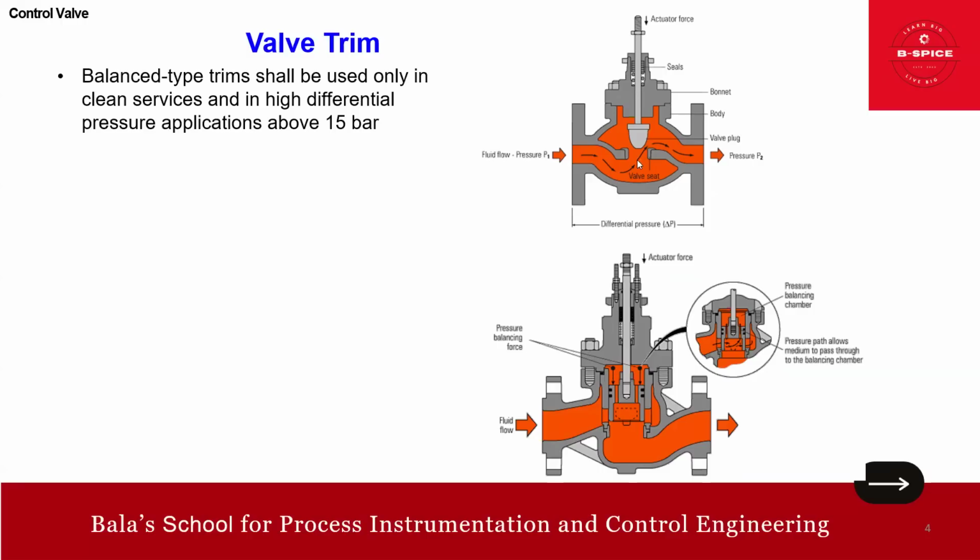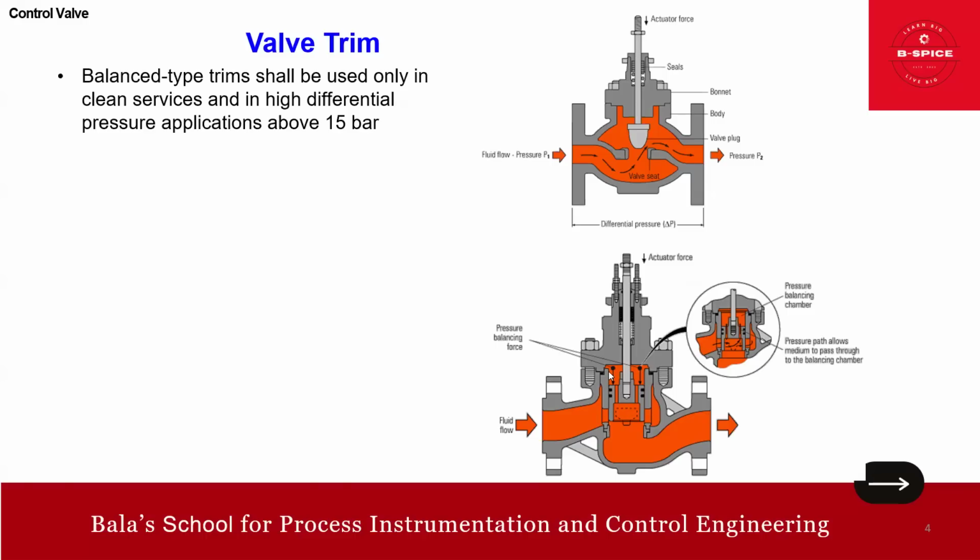Only the problem is the opening is here, the plug and the valve seat. That is the only leakage path. But here you see, this is the balanced type. You have a pressure balancing chamber. This pressure path allows the medium to pass through the balancing chamber. Here you can see the pressure balancing force. This is basically the holes, you can see this is how the design is.